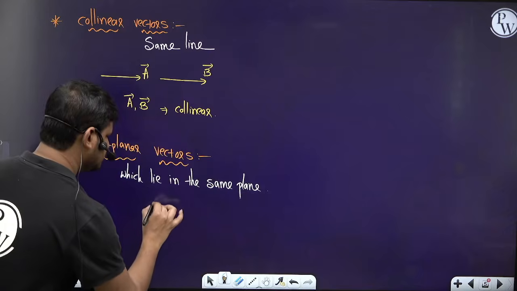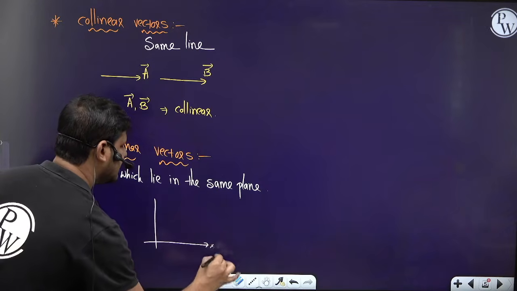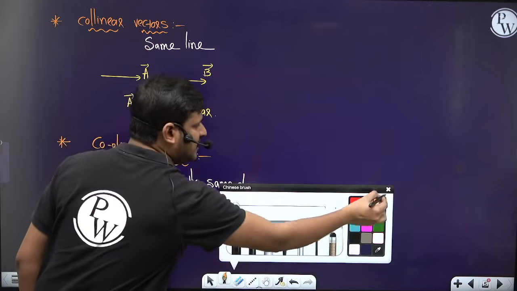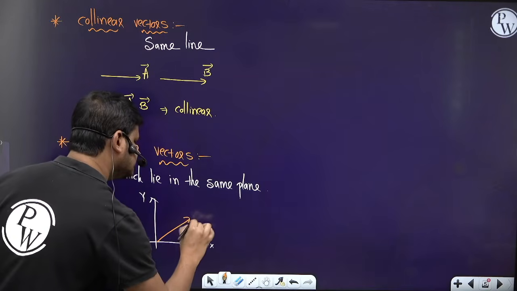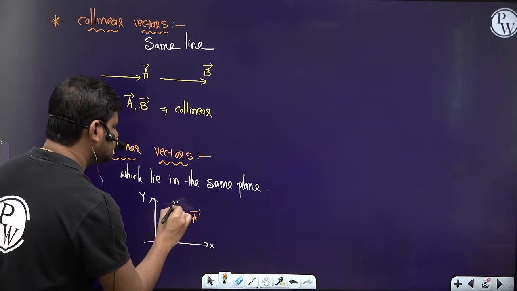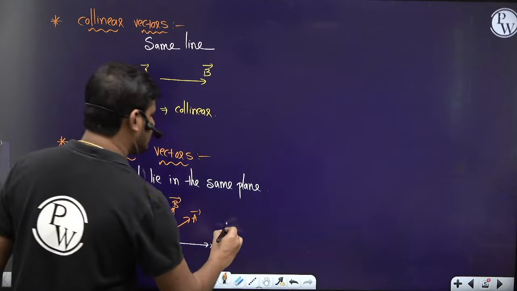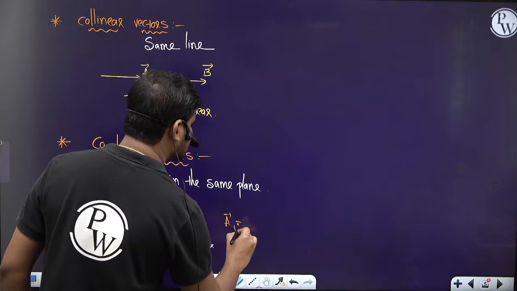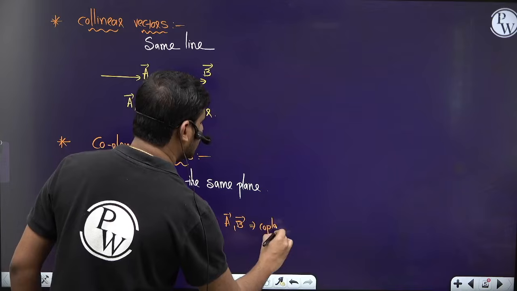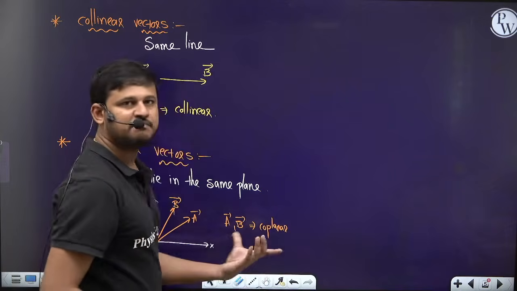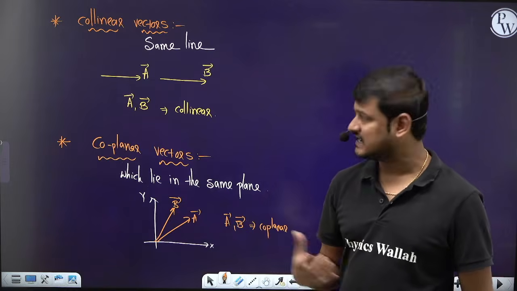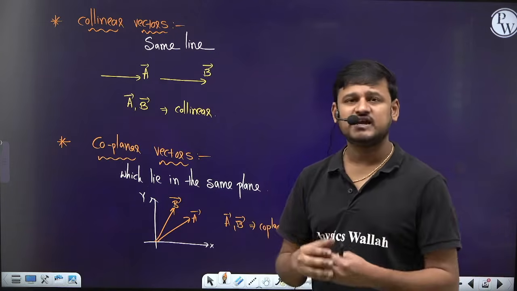Let's suppose this is the x-axis and y-axis, so this is the xy plane, right? In the xy plane, there are two vectors. Let's consider this is a vector A which is in the xy plane, and this is a vector B which is in the xy plane again. As those two vectors are in the same plane, we can say A and B are coplanar. Clear? Understanding? So these are the different types of vectors.